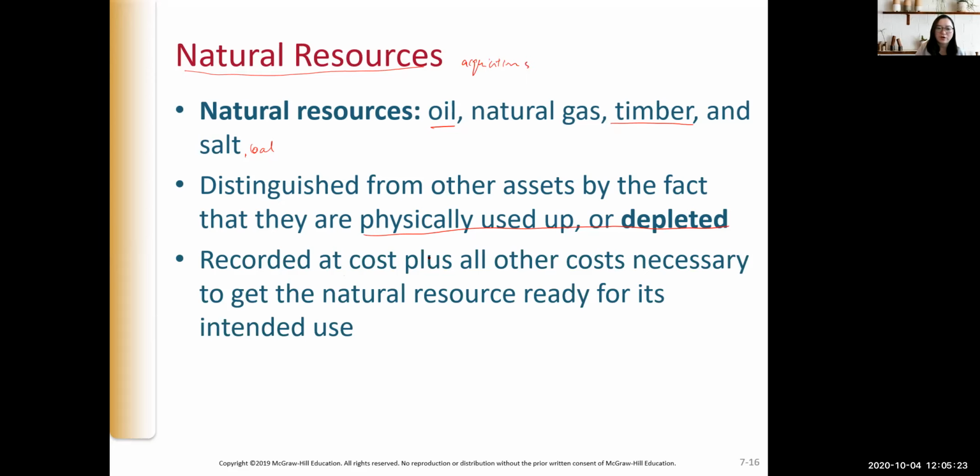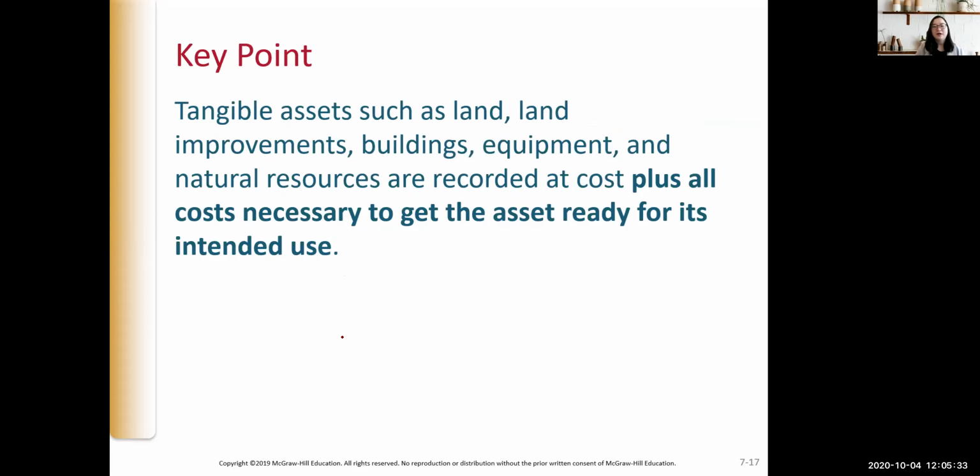So we need to record them, of course, at the cost plus all other costs necessary to get those natural resources ready for use, right? Okay. So the key point I want to tell is tangible assets such as land, land improvement, building, equipment, and natural resources are recorded at the cost plus all the costs necessary to get the asset ready for use.